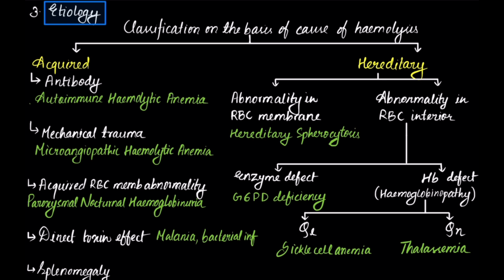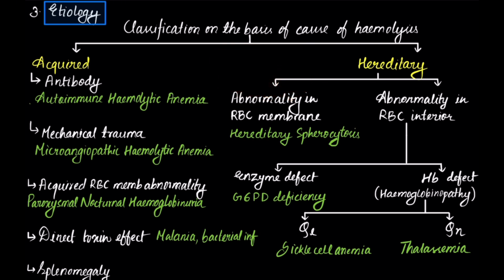This abnormality can either occur to the membrane of the red blood cell or the internal content of the red blood cell. What are the internal content? The internal content of red blood cell are obviously your enzymes and hemoglobin. So the defect can either occur to enzyme or hemoglobin.